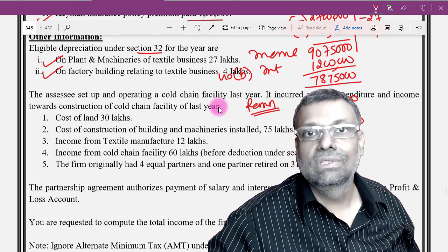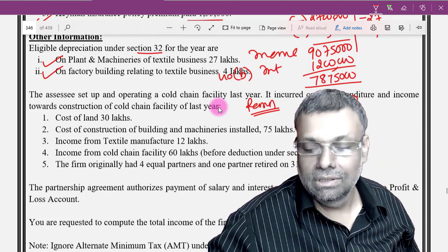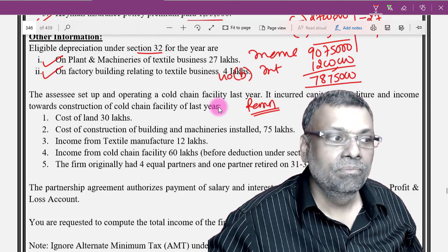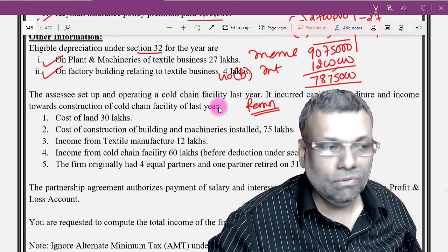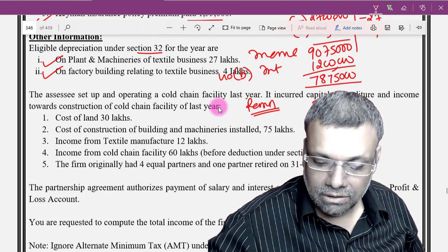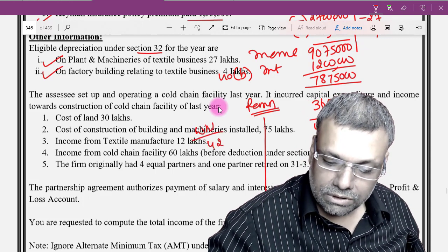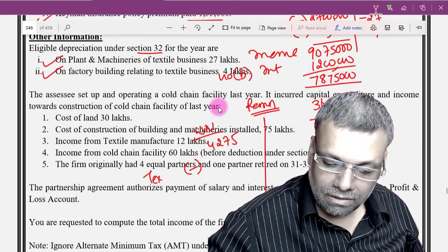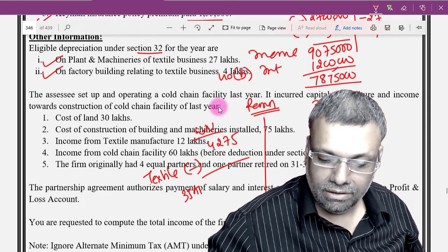Now comes the real adjustment. Now these 42 lakhs 75,000 is the total of 35 AD plus textile. So from this 42 lakhs 75,000, I'll do a working note. 4275 minus the textile, I will get the 35 AD income.